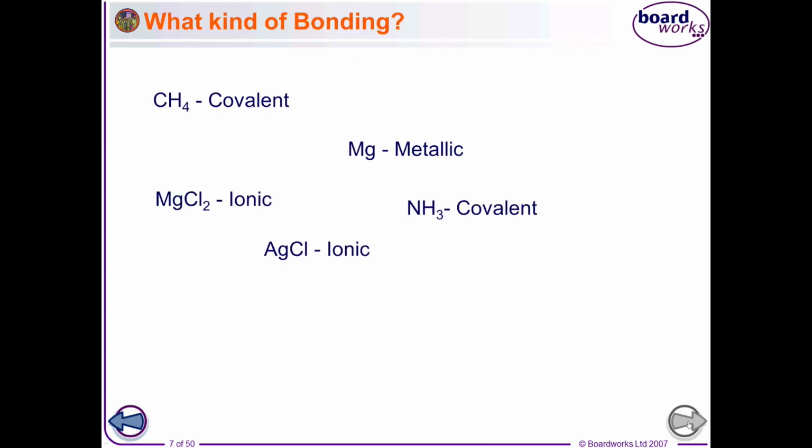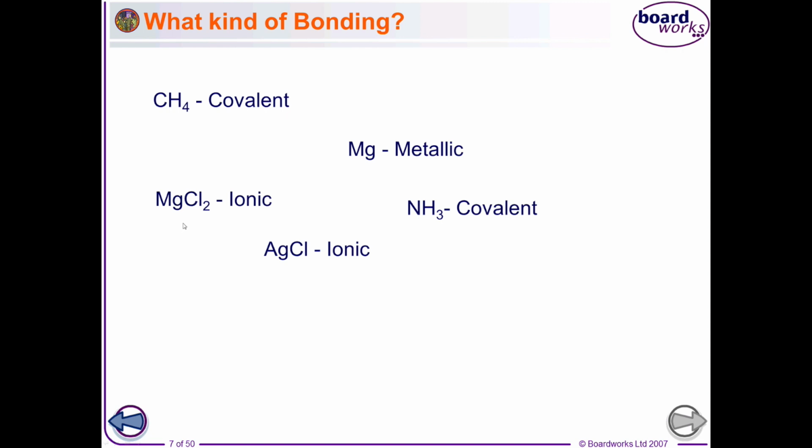Right, okay, so what kind of bonding? We've got a few different formulas on the screen now, and I've worked out, using the theory of ionic, covalent and metallic bonding, what kind of bonding is present in all these substances. So CH4, I know that you've got carbon and hydrogen, both non-metals, therefore covalent bonding. Mg, a metal on its own, metallic bonding.